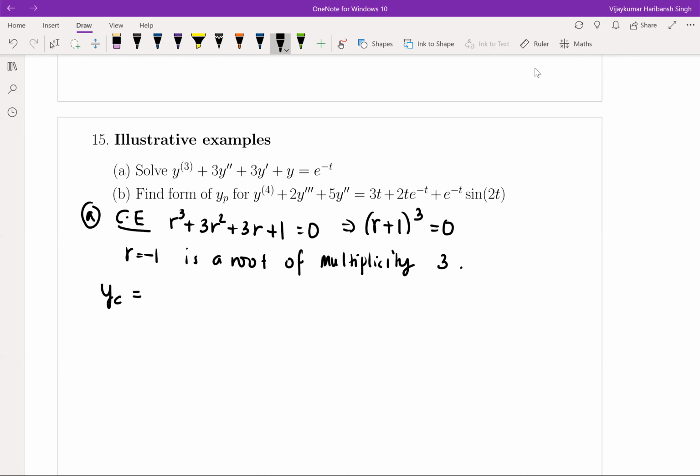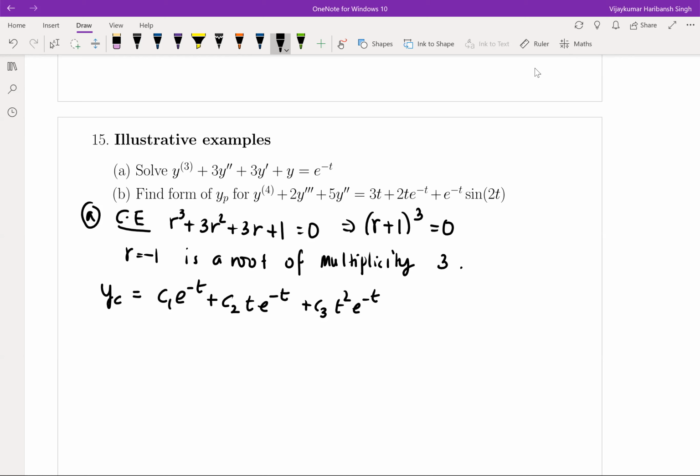So what will be the complementary solution in this case? First will be c1 e to the power minus t. Second one will be c2 t times e to the minus t, plus c3 t squared e to the power minus t. This is the solution to the homogeneous part.